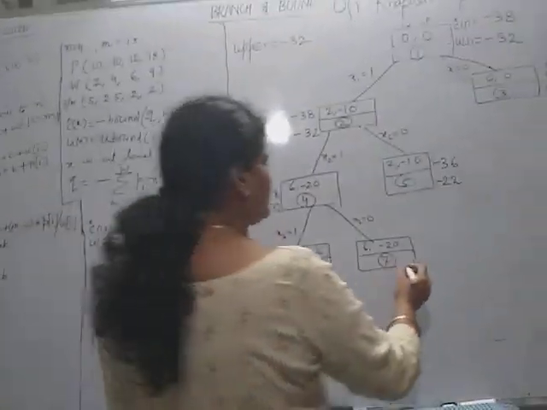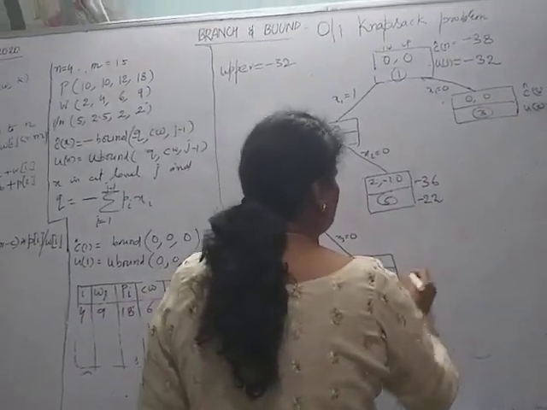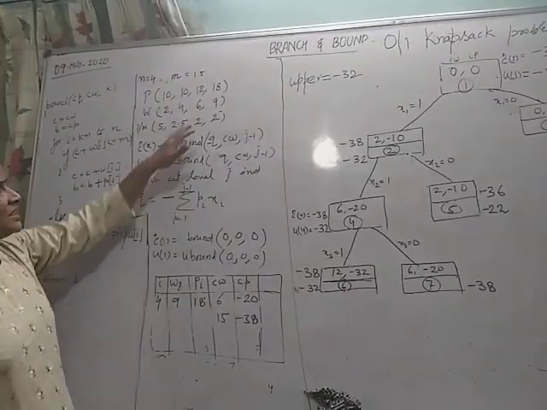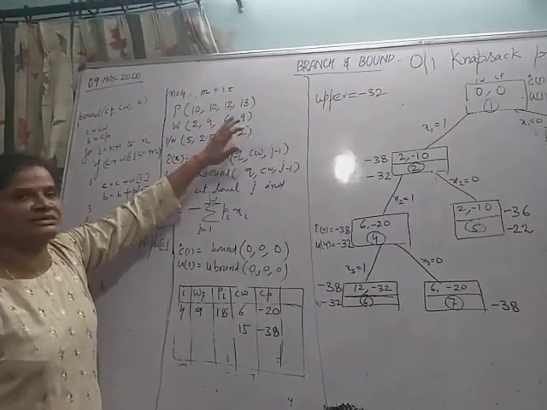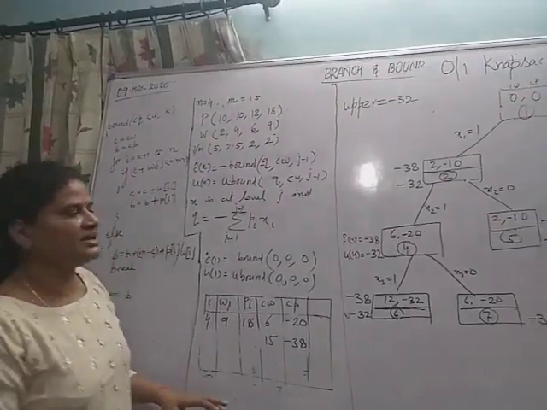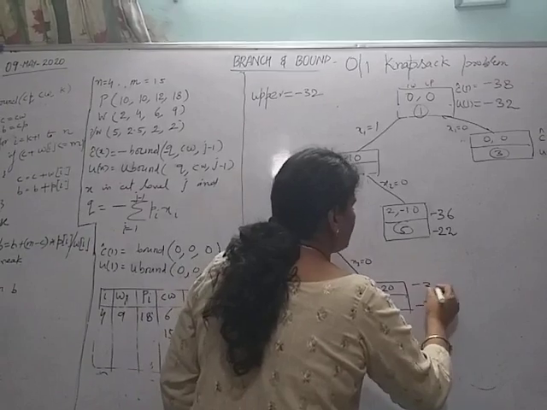So U is minus 38, and C is also minus 38, because the whole fourth object is included fully, so the fractional statement will not be executed.